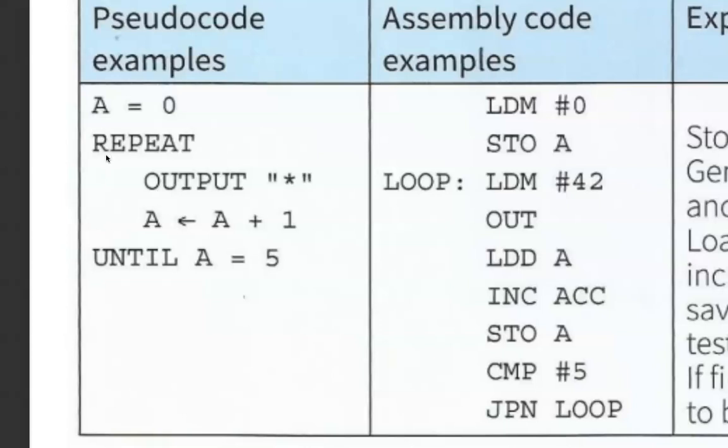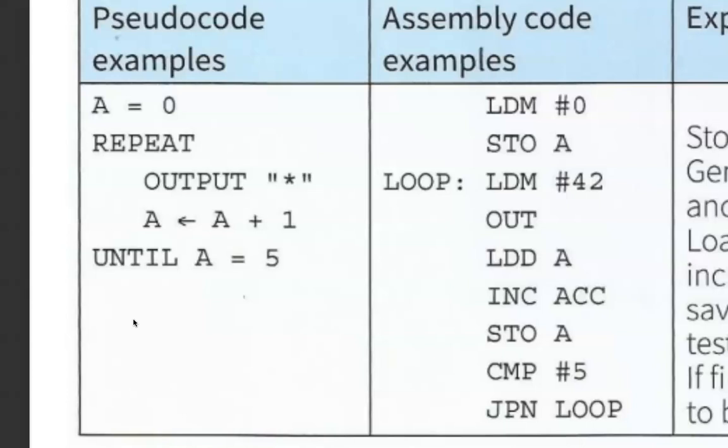So in this case, you can see here that I'm jumping. How? By going back to this place. And why am I jumping? If this is not equal to 5. So if we remember, the repeat until condition means that if the condition is not true, I will go back and run the loop again. However, if this condition is true, I will exit the loop.